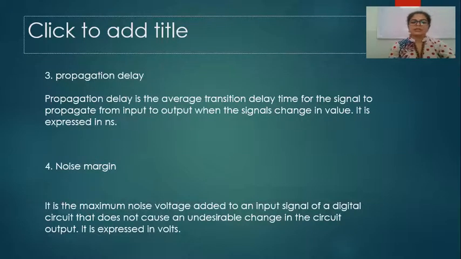Next is propagation delay. Now what is propagation delay? It is just a response time. Propagation delay is the average transition delay time for the signal to propagate from input to output when the signal changes in value. It is expressed in nanoseconds. This is how much time a device takes for converting the input into output, that is, the response time of the device, the speed at which the device provides output to you.